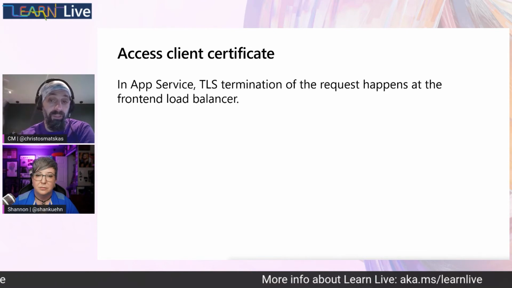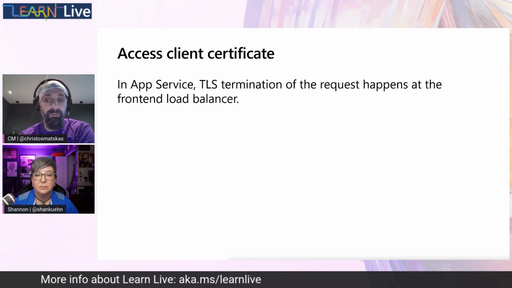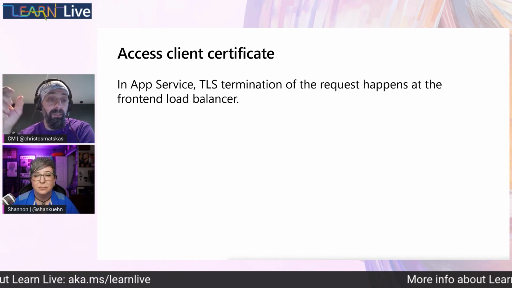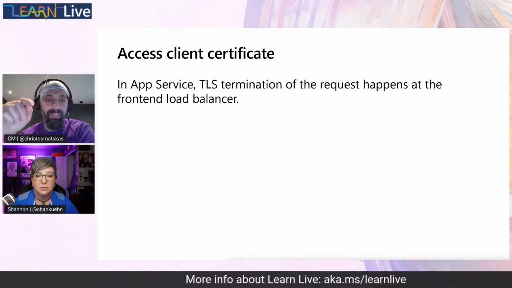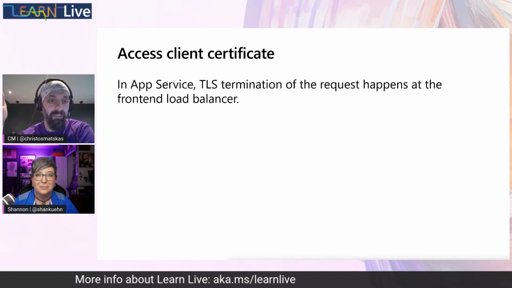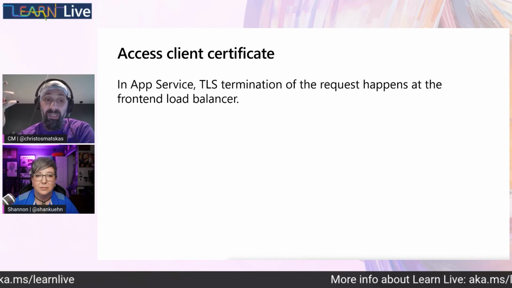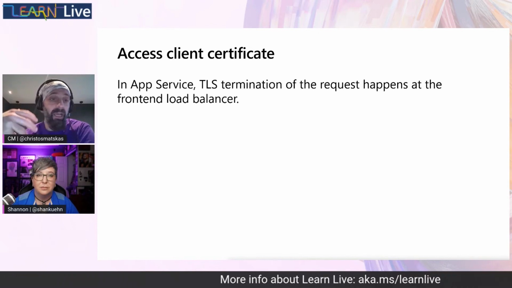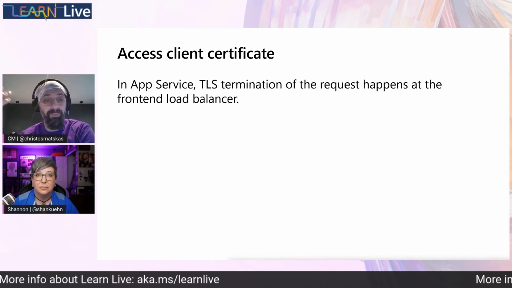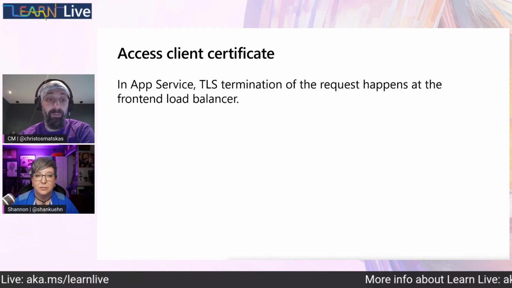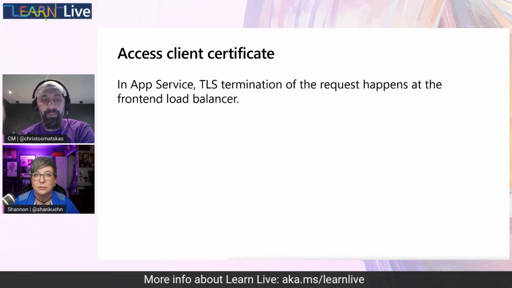If you really want the certificate to be forwarded to your application, you can configure that, and then the HTTPS certificate will be injected into a header under x-arr-client-cert, which is very well documented in the App Service documentation. That means that in code you can access that header and download the token. Maybe you need to encrypt, hash, or validate something using that certificate, and then your code can access that certificate without having to install it or make it available by embedding it in the code, for example. Sure. So now you know.